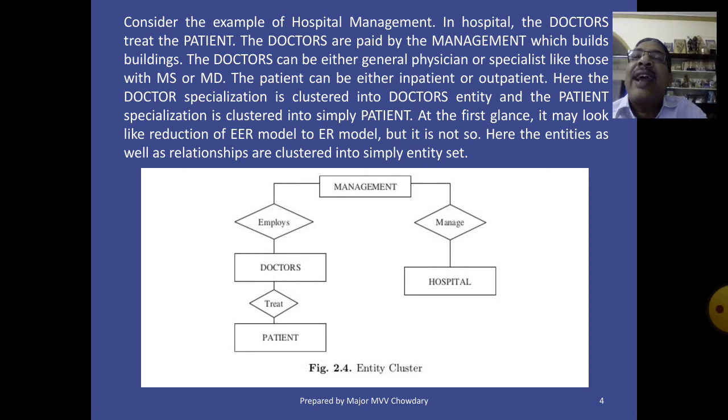At first glance, it may look like a reduction of an ER model to an ER model, but it is not so. Here the entities as well as relationships are clustered into a simple entity set.